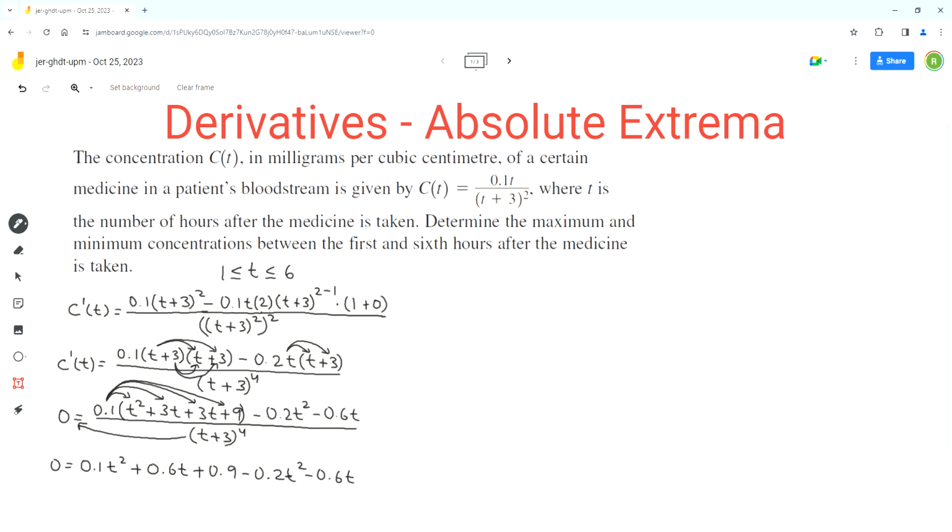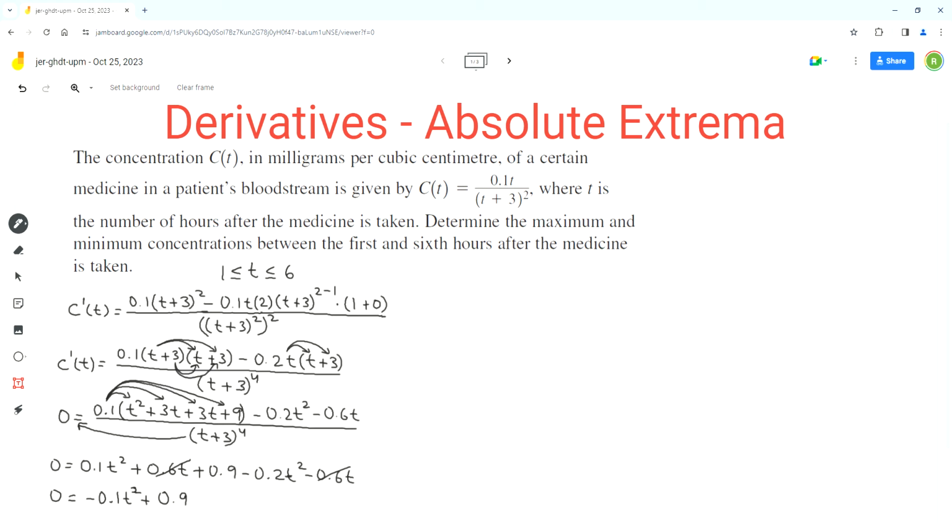Now we can combine like terms. So positive 0.6 t and negative 0.6 t will cancel each other out, and then 0.1 t squared minus 0.2 t squared will be negative 0.1 t squared plus 0.9.